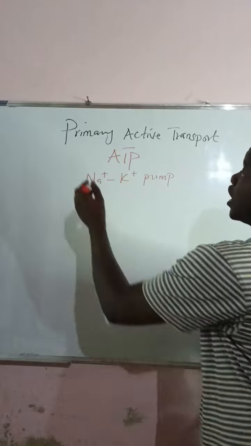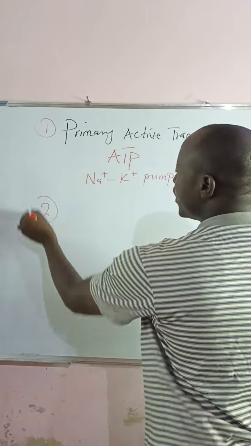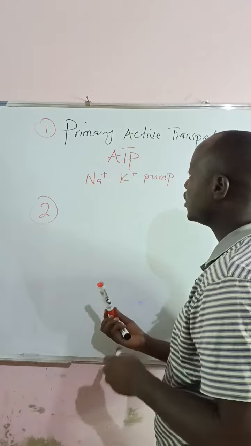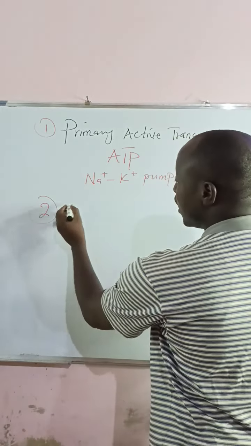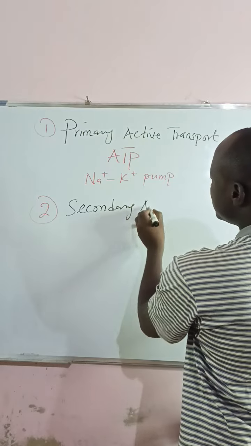And then the next one after primary active transport is secondary active transport.